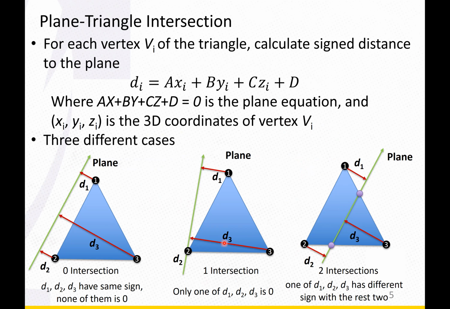For example, for this case, if the distance here gives you a very small negative number, very close to 0 but not 0, then you could have a wrong judgment that this plane does not intersect the triangle, but actually it does.